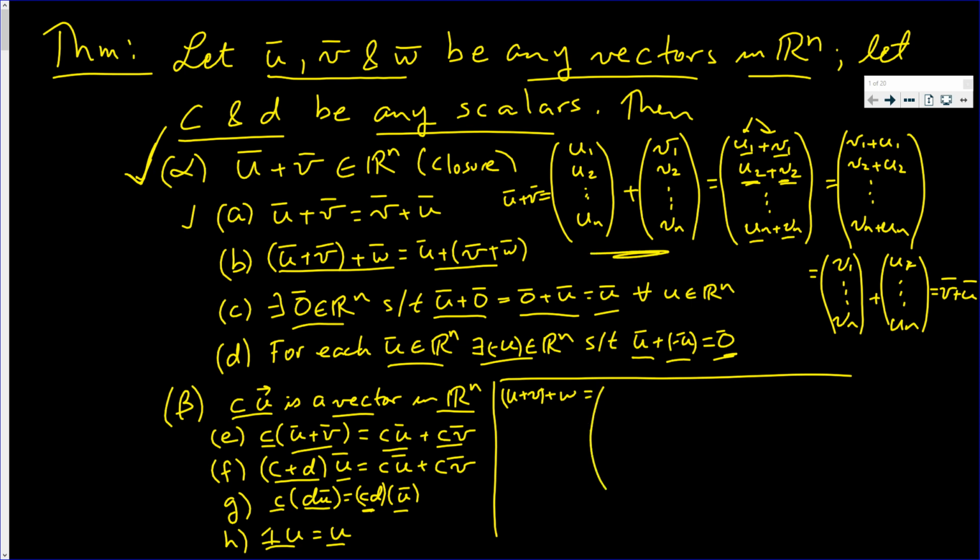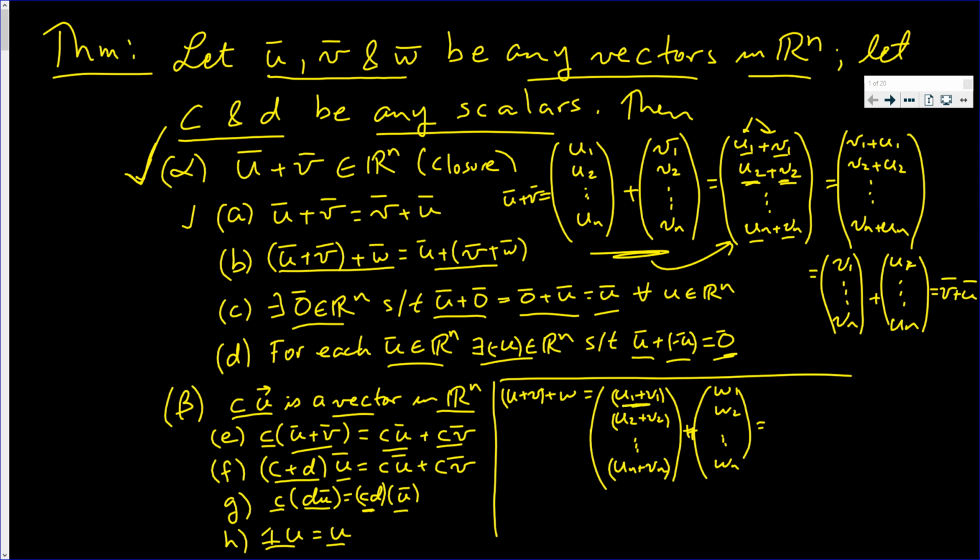We just added them and that's what we got: u1 plus v1, u2 plus v2, all the way down to un plus vn. And that's u plus v, and I want to add w, which, take a guess, is w1, w2, all the way down to wn.